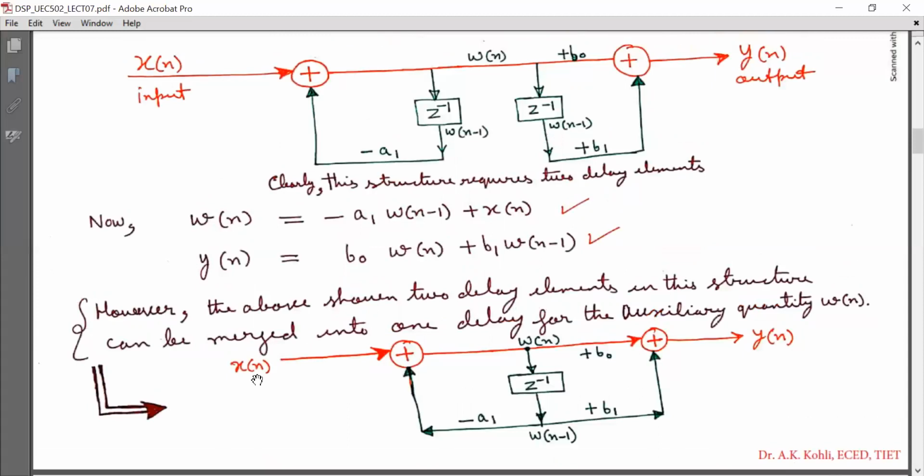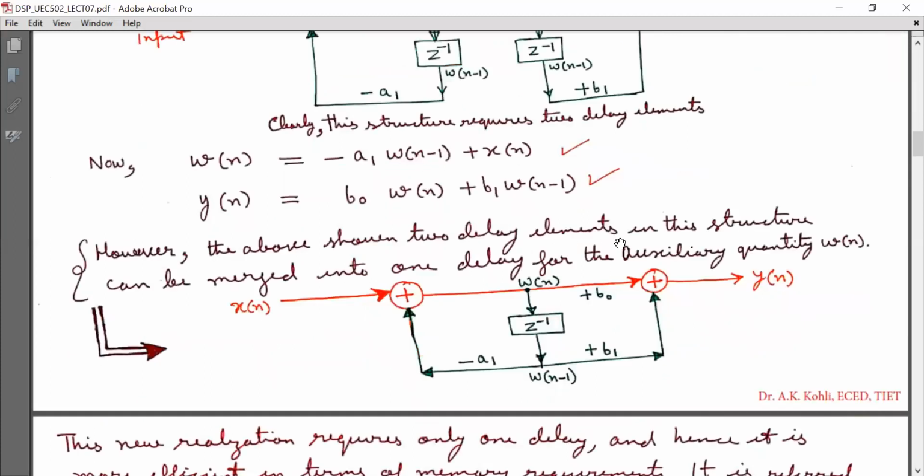That is, here w(n), and here at this node I am achieving w(n minus 1), b0 at this path, b1 at this path, and minus a1 coefficient at this point. If you will calculate w(n) and y(n) from this structure, you will find these two equations are correct.